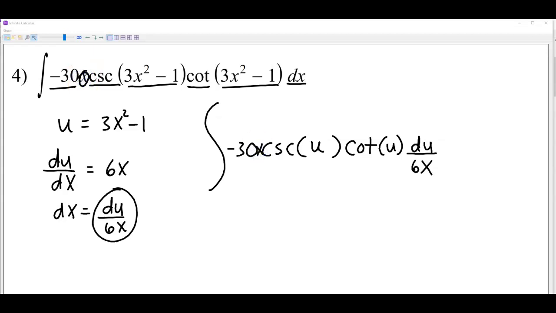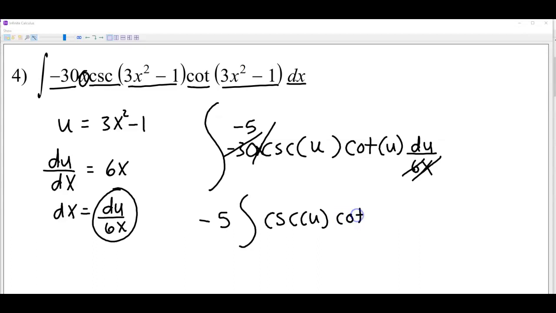All right, so now 6x. Well, the x's go away, and 6 goes into negative 30, negative 5 times. And then we're going to pull the negative 5 out to the front. And this is a standard trig integral.